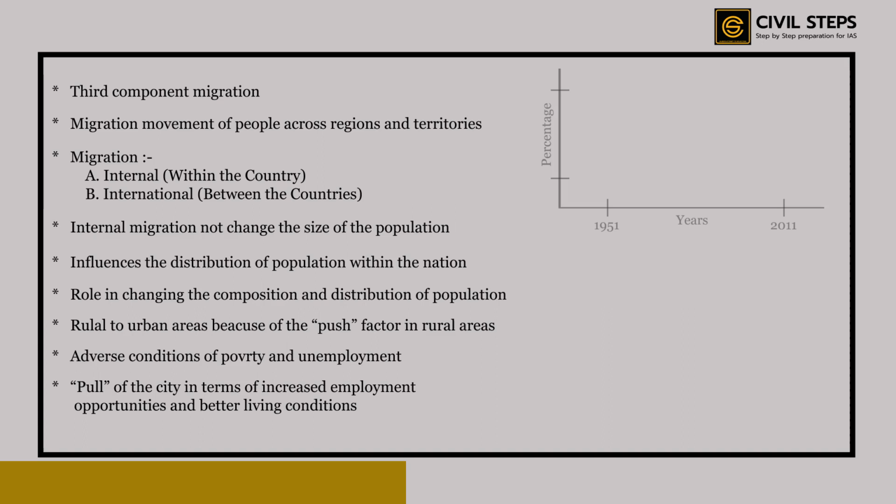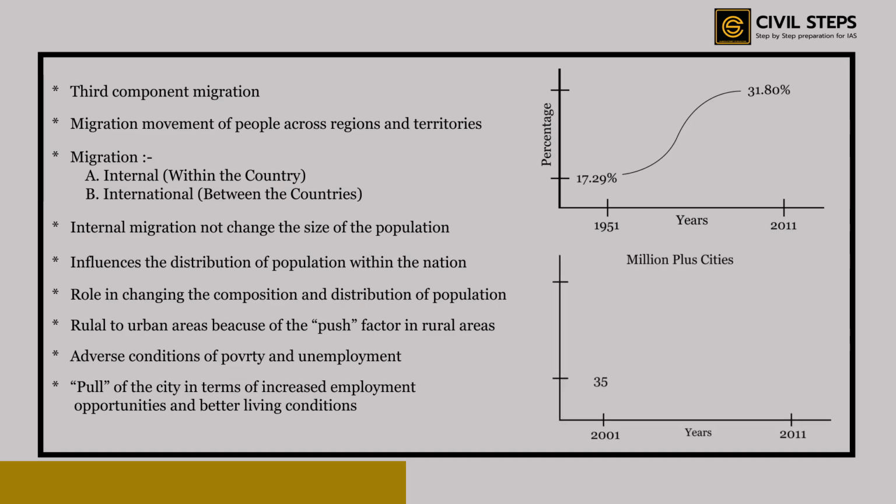The urban population has increased from 17.29% of the total population in 1951 to 31.80% in 2011. There has been a significant increase in the number of million plus cities from 35 to 53 in just one decade, that is from 2001 to 2011.